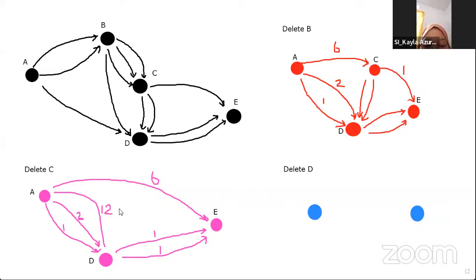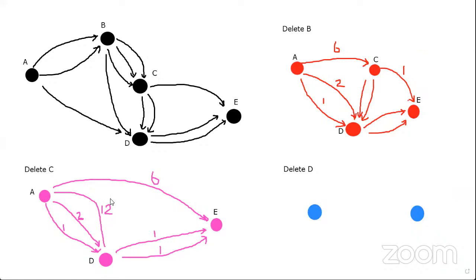Yeah, so here there are 12 ways, and here there are 2 ways, and here there's 1 way. So there's actually just 15 ways from here to here. From D to E, there are 2 ways.